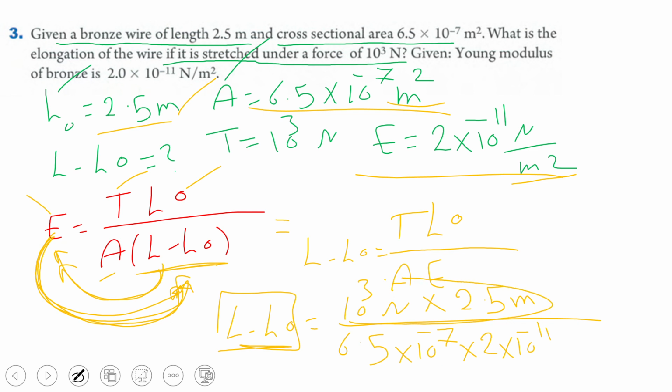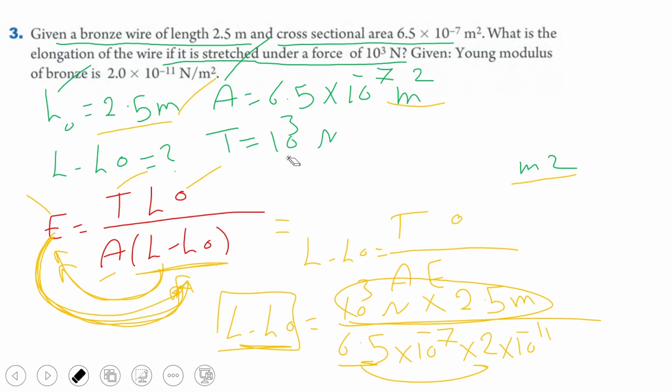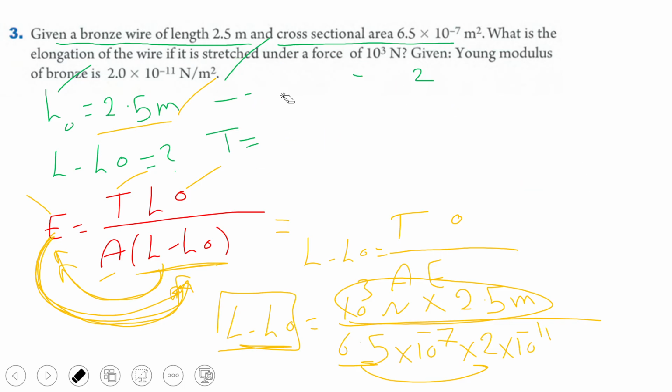Use a calculator. First multiply the up. First 6.5 times 2 becomes 13. Wait. I don't have a calculator now. You can do it by yourself. In the down, 6.5 times 2 becomes 13.